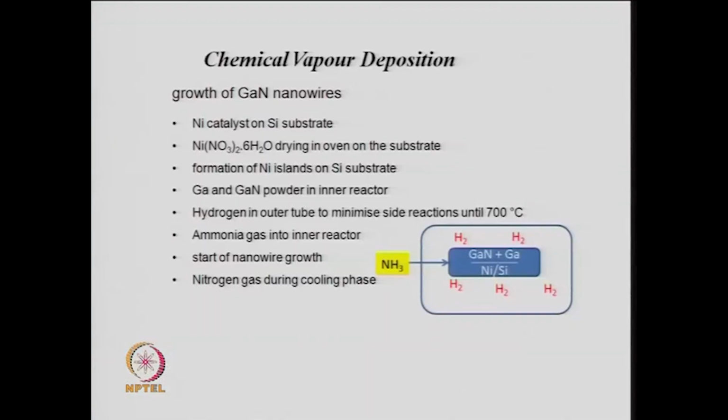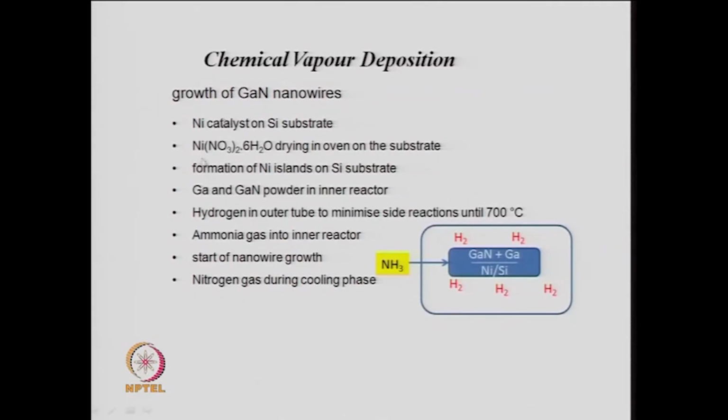So, here we will just discuss one case of how you grow nanowires using the chemical vapor deposition technique. From the term itself you can understand that you have to create a vapor using some chemicals, and then you deposit that vapor to form the nanostructured material.